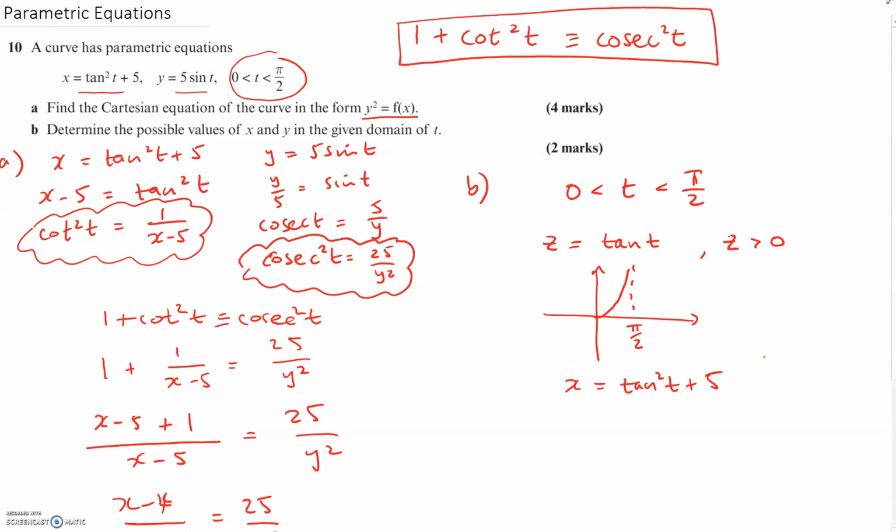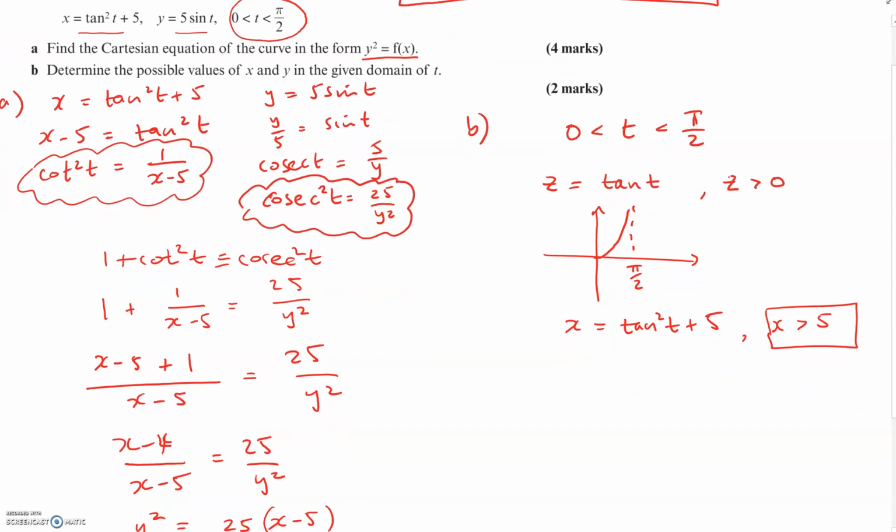If tan t has got to be greater than 0, then so is tan squared t, and adding 5 to that means that x could be anything bigger than 5. So those are the values for x in the given domain of t. Consider what happens to y. So y is 5 sine t.